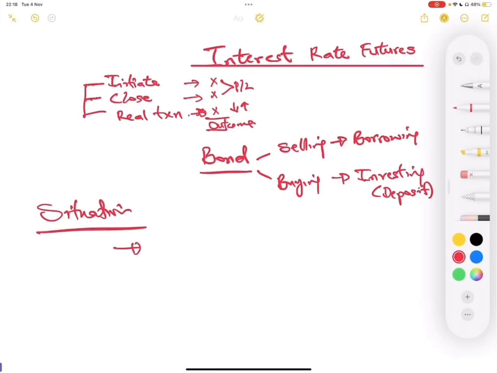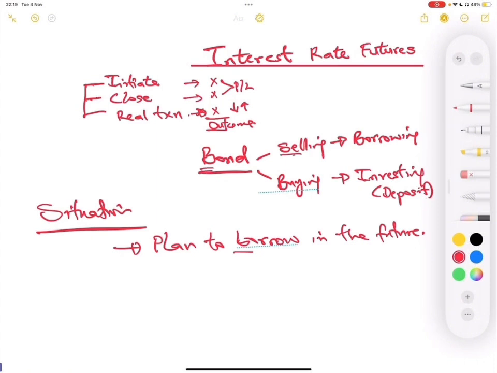So if you want to know your situation now, which should be your future? If you plan to borrow in the future and you want to hedge and you want to use interest rate futures, what you are trying to say is that borrowing means selling of bond.